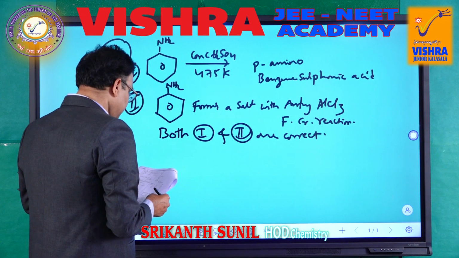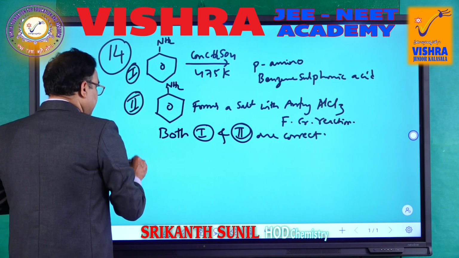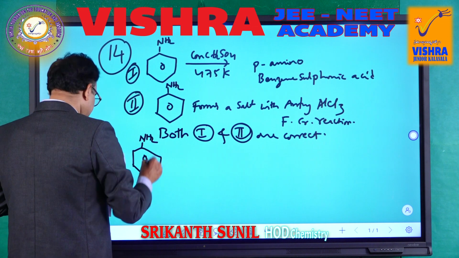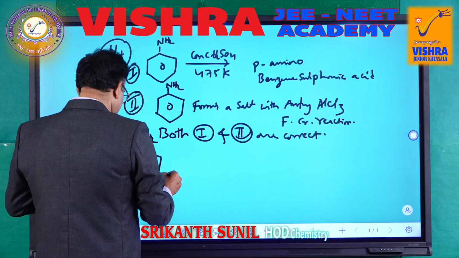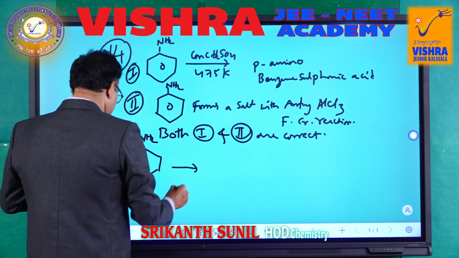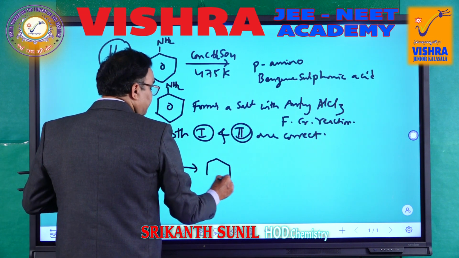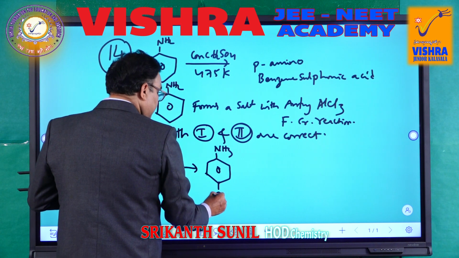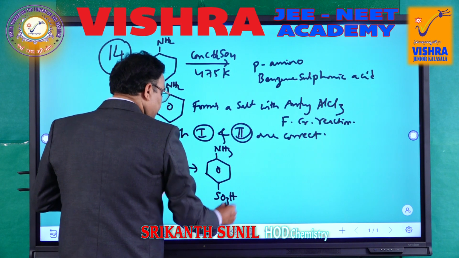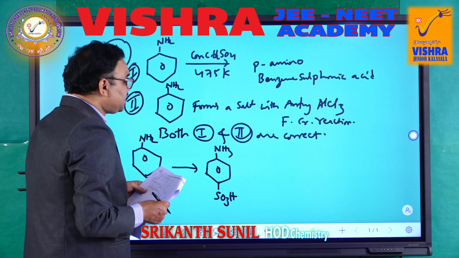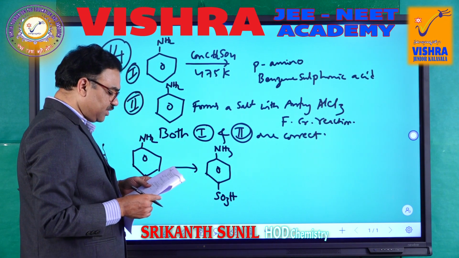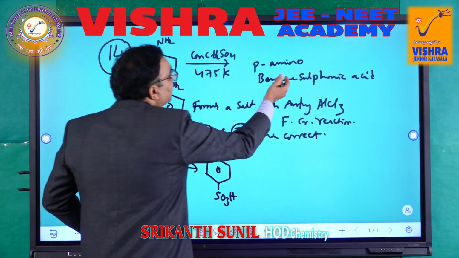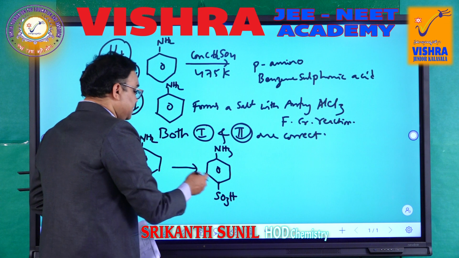Let us see the compound and how it will react. See here, this one is benzene with NH2, this one is aniline. Aniline can convert into this compound and actually this gives a zwitterion, and slowly the zwitterion turns into para-aminobenzene sulfonic acid. I wrote here, para-aminobenzene sulfonic acid is this one.